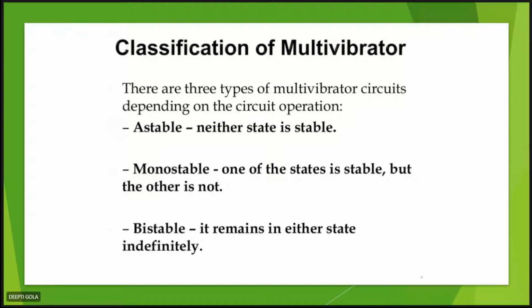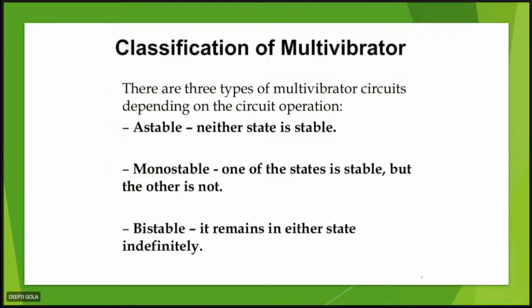And what does it depend on? This switching between the states depends on the charging and discharging of the capacitor which we will be using in the circuit. Then comes the bistable multivibrator. It remains in either state indefinitely. If you have not applied any trigger, the circuit will rest in either of the stable states.